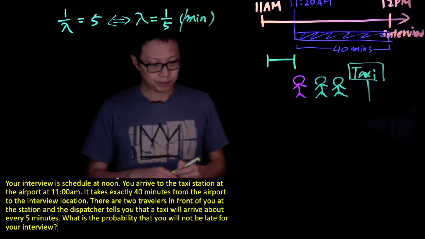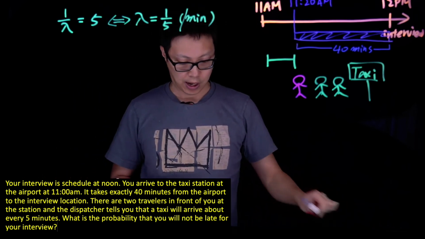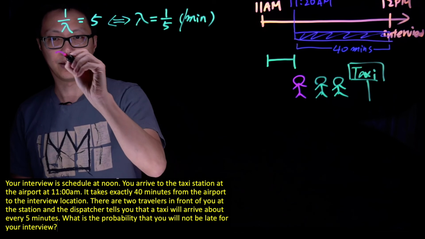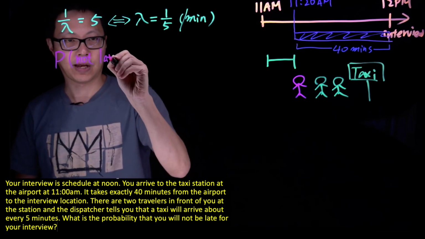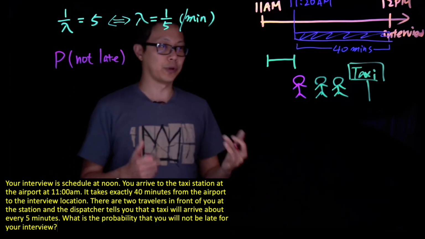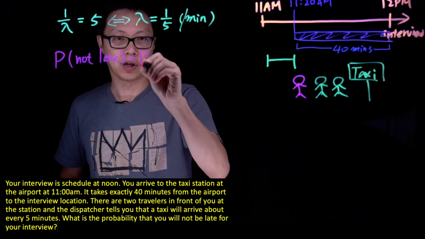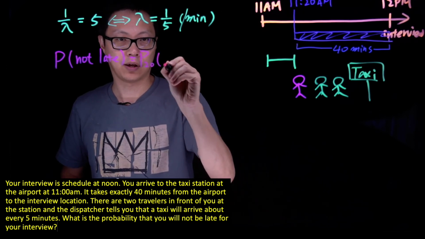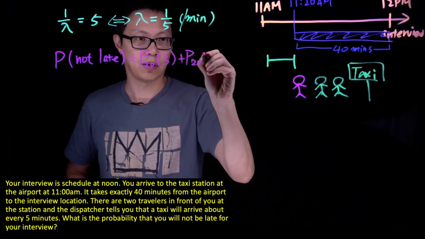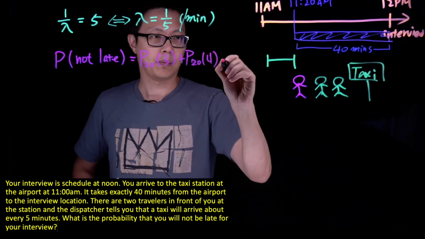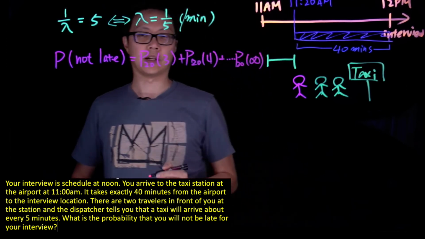Now, if I don't want to be late, I know I need to calculate all the possibility that you are getting at least 3 taxis within the next 20 minutes. So it will be P20 of 3 plus P20 of 4 plus P20 of infinity.